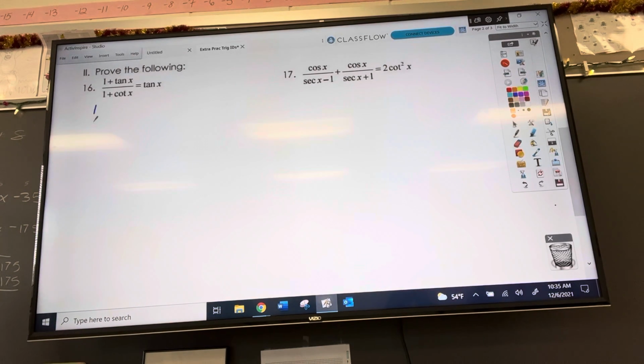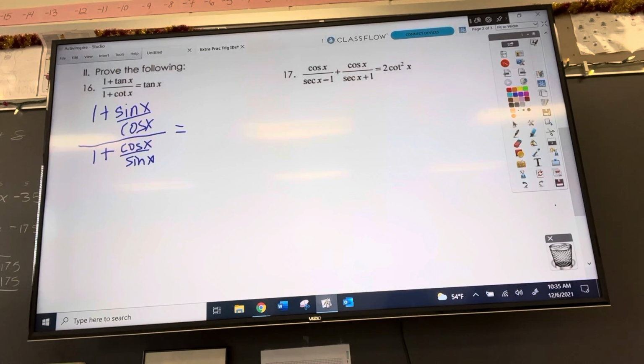So we've got 1 plus sine of x over cosine of x over, I'm going to run out of room, it's fine, 1 plus cosine of x over sine of x. And the equal sign goes on the right.